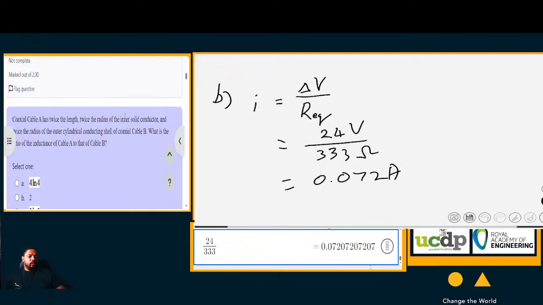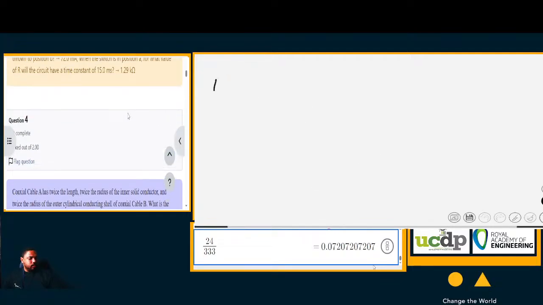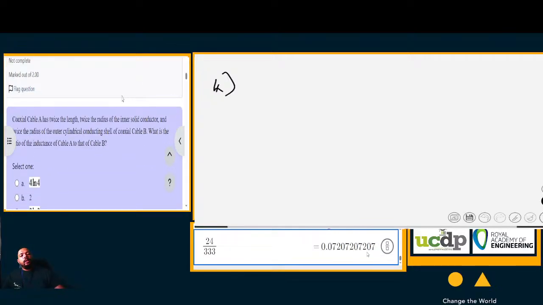Then question 4. Okay, a coaxial cable has twice the length. Okay, so twice the length.